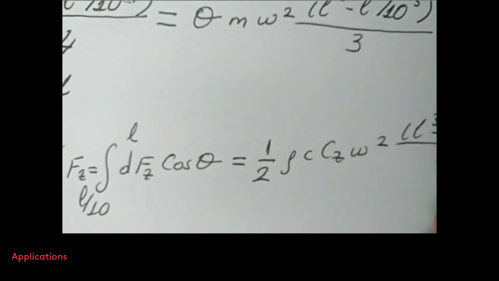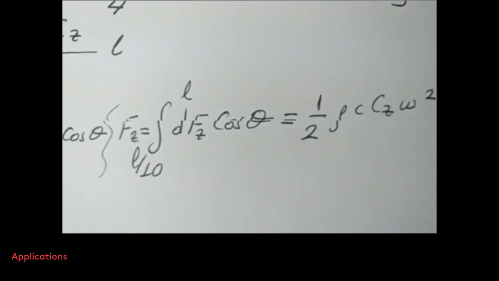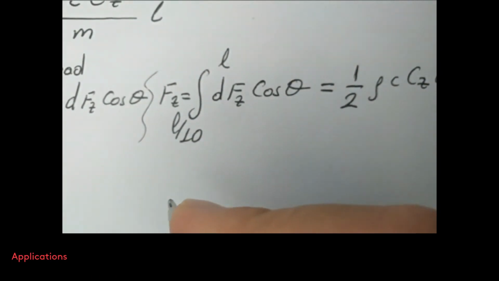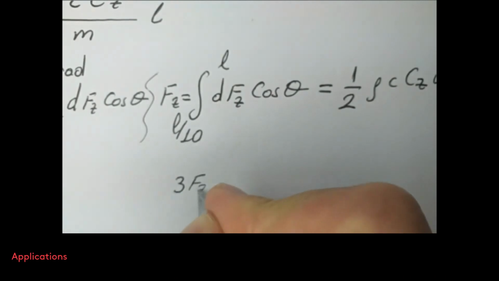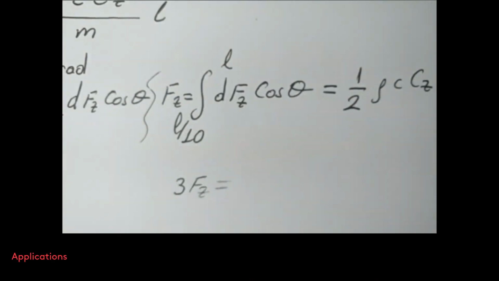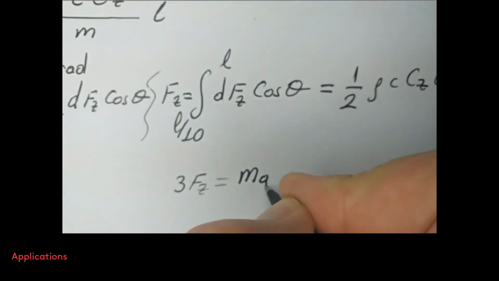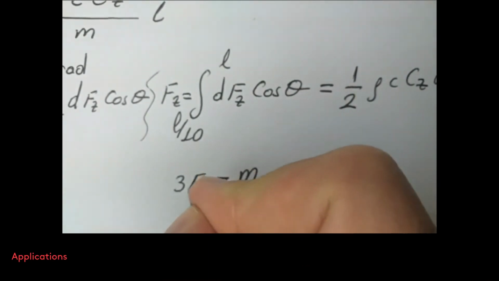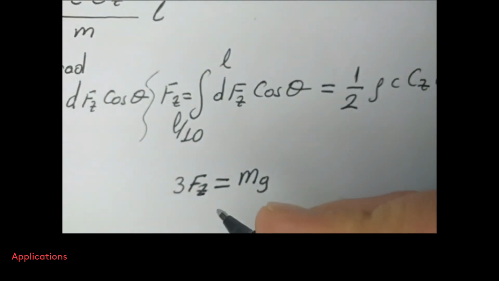So this is the lifting force. Now, since we have 3 blades, 3 Fz has to be balanced by the weight generated by the mass of the helicopter.